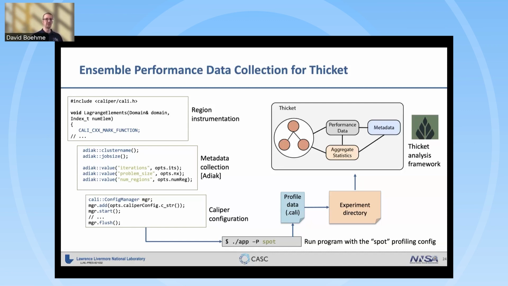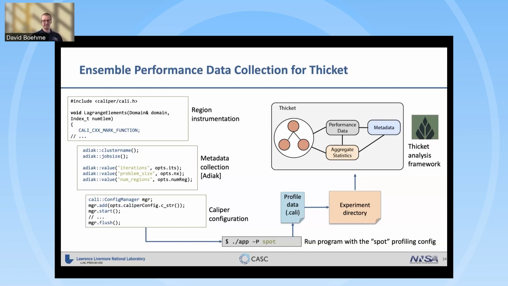Then, of course, we're going to enable performance measurements at runtime to collect the actual performance data together with this metadata that we put in the program. Here we're typically using the spot config, which is left over from our Spot days where we had mostly the web interface, but the same kind of data that Spot collects is also very useful for analyzing in Thicket.